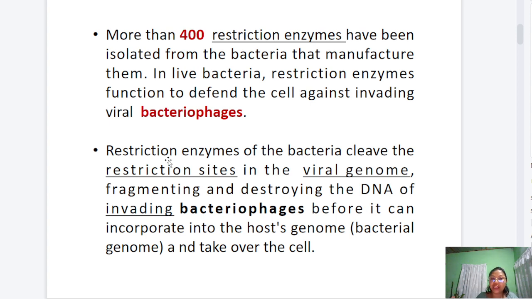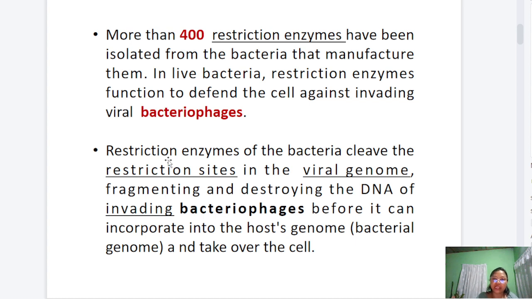For example, if any virus or bacteriophage enters inside the bacterial cell, these restriction enzymes are like the soldiers of the bacterial cell. They are going to chop the DNA of the bacteriophage that is injected inside the bacteria.